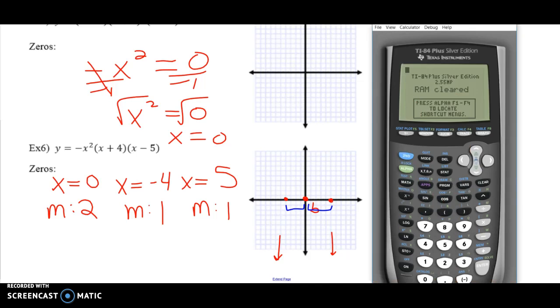In your calculator, type in negative, and then x itself is negative 2, so you need to put that in parentheses. You might want to look at how I'm typing this into the calculator. Squared times negative 2 plus 4 times negative 2 minus 5. Okay, enter. Goes up pretty far. Most of these are going to be off your graph.